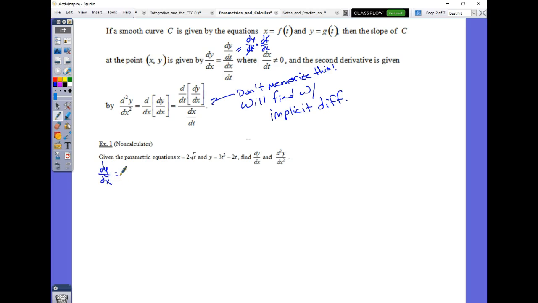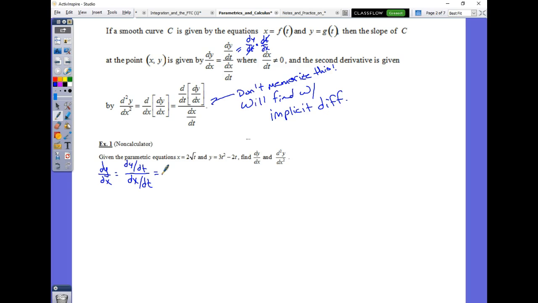Notice that this is not asking for dy/dt, this is asking for dy/dx. So I need to find the change of y divided by the change of x. So I need to find how the y is changing with respect to its base variable, divided by how the x is changing with respect to its base variable t. Make sense?